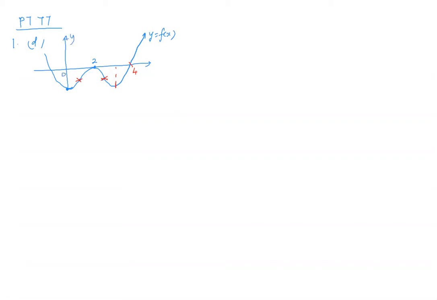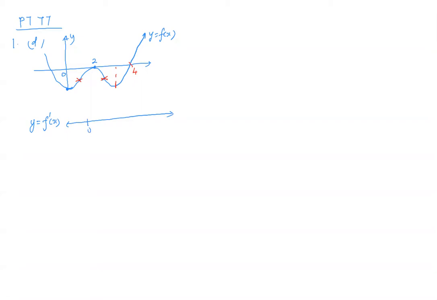So now they want you to do the f prime x. So when I want to do the y equal to f prime x, first of all, I get a sign diagram first. Don't jump into the sketching. Okay, get the sign diagram first. So I will mark down 0.